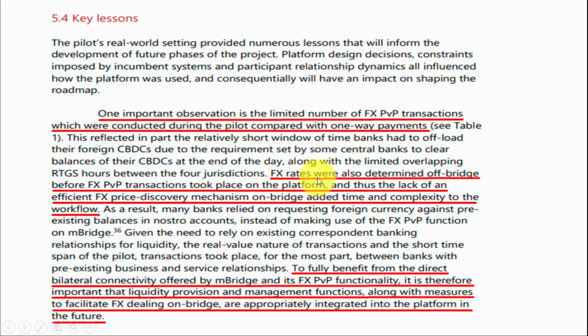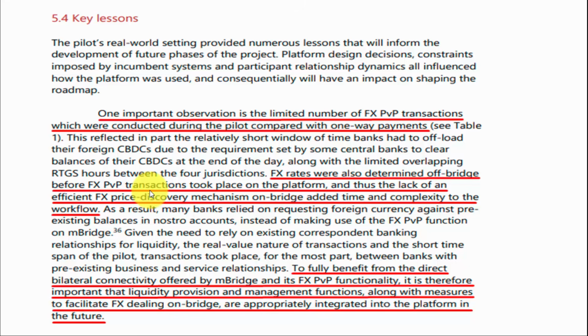Now, FX rates were also determined off bridge before the FX PVP transaction took place on the platform. So when it comes to the PVP transactions, the atomic swap transactions, payment versus payment transactions between two different CBDCs, there has to be an FX rate, and that was also done off the bridge. It wasn't done on mBridge itself.